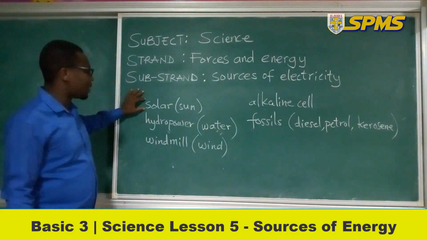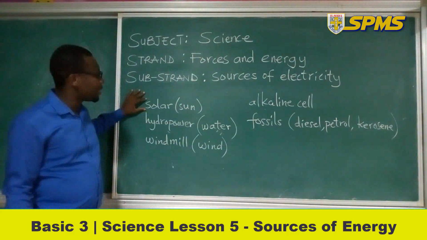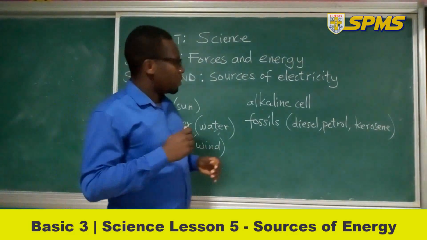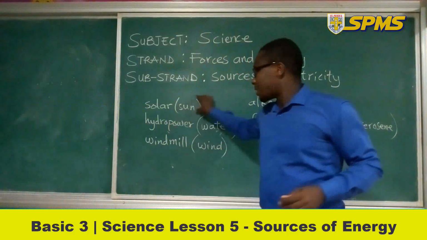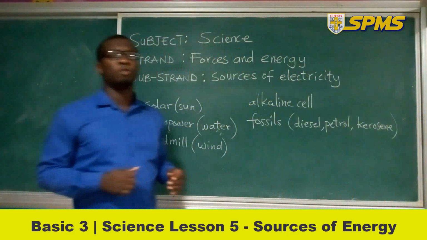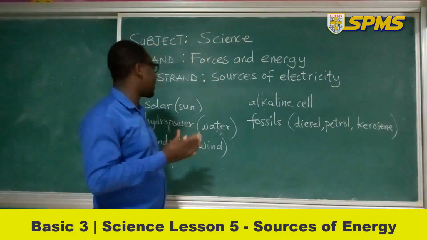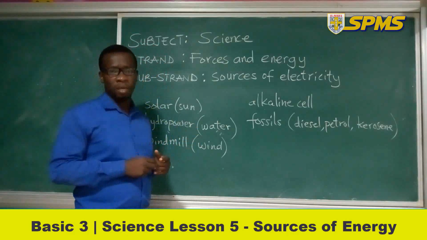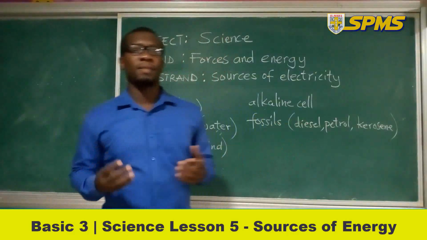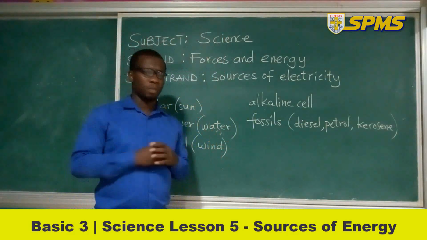Let's pick the first one, which is the solar, the electricity that we get from the sun. In order to get electricity from the sun, we use what we call solar panels to trap the heat or energy from the sun and turn it into electricity, which we use in powering the gadgets or electrical items in our homes.